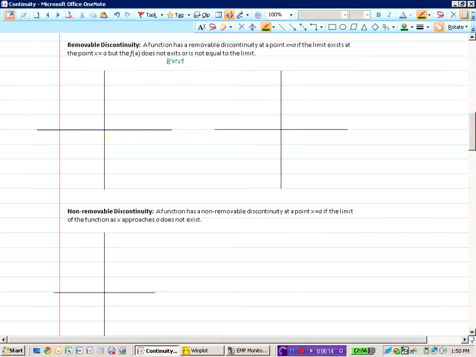So here's an example. And here's another example. So if you look at that first graph, we would say that the limit exists.